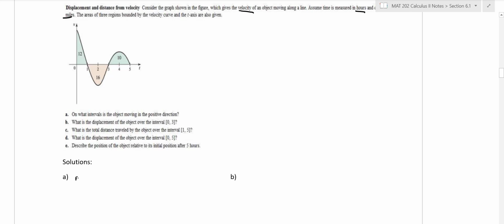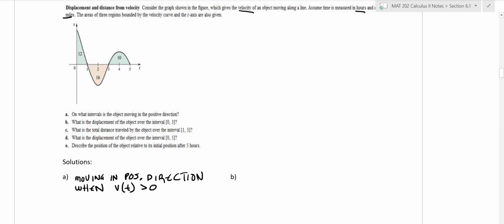Okay, so again, I said this a little bit earlier. You are moving in the positive direction when the velocity is strictly positive. Now that strictly positive is important, okay?